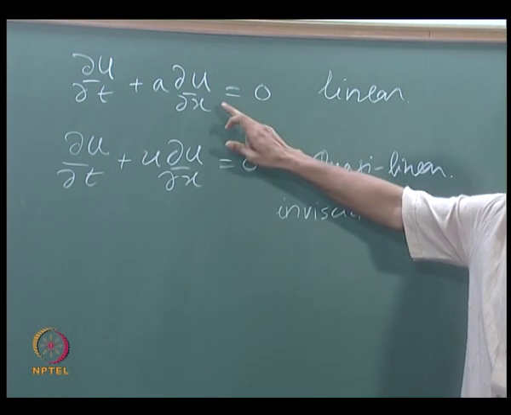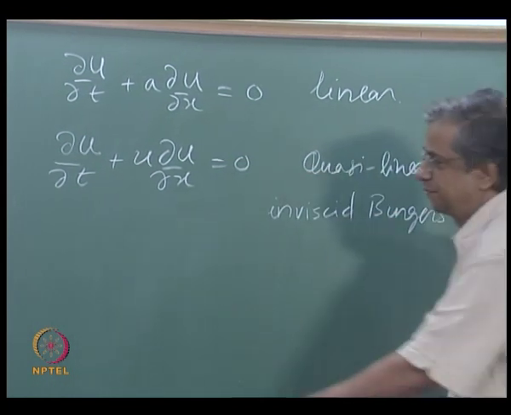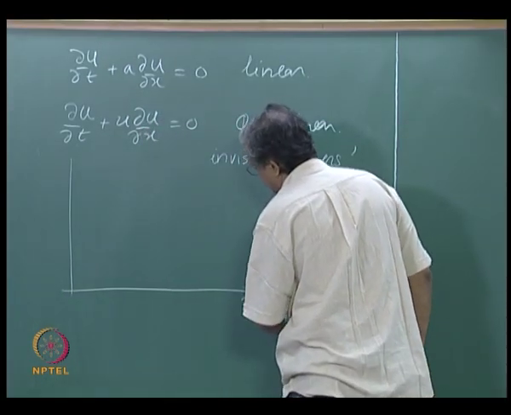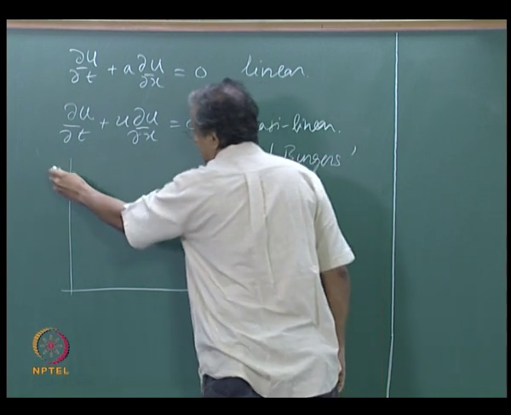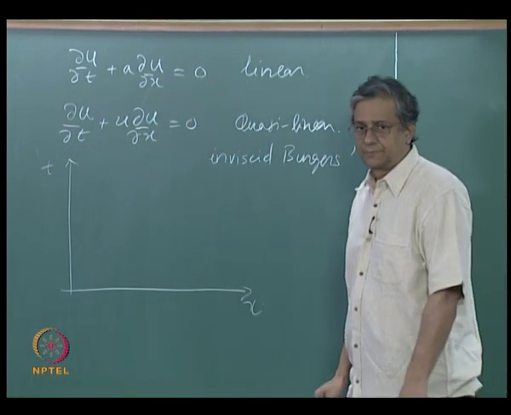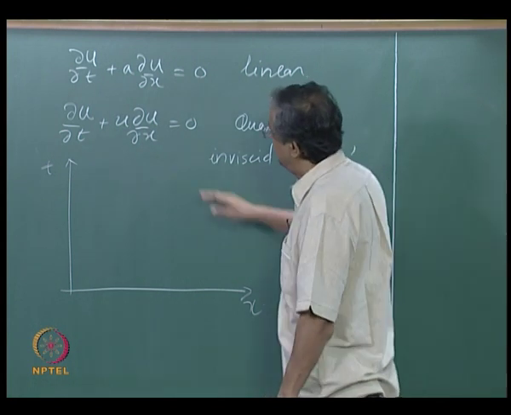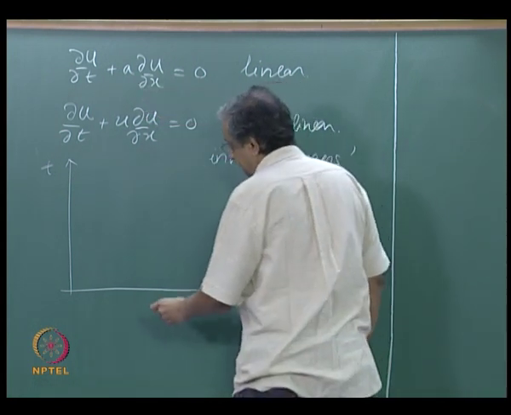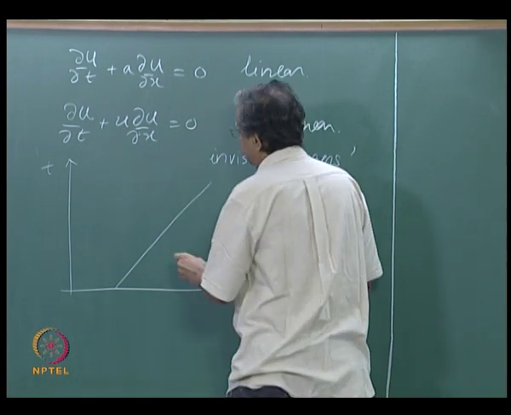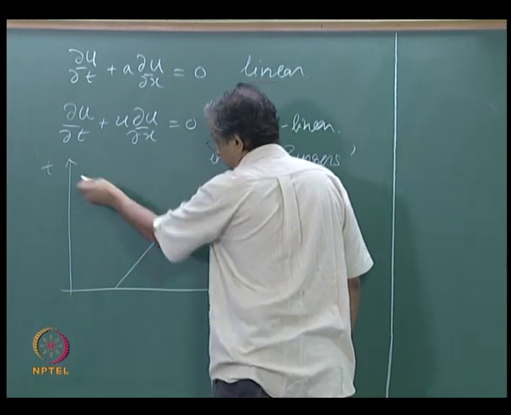Now just to recollect, in the beginning when we were talking about the earlier equation, we realized the importance of characteristics. In the xt plane we saw that we had characteristics that had slope a, which basically means slope 1 over a in this coordinate system.